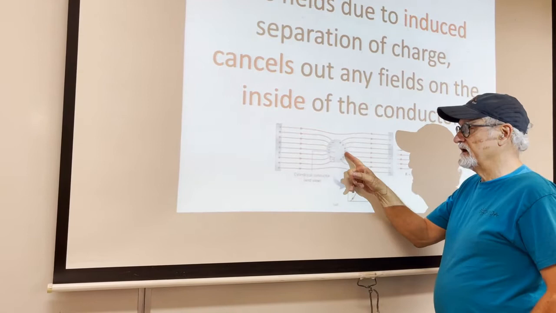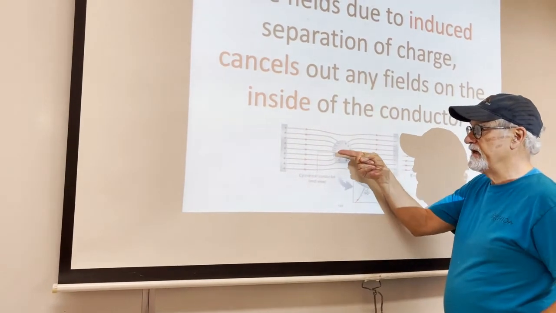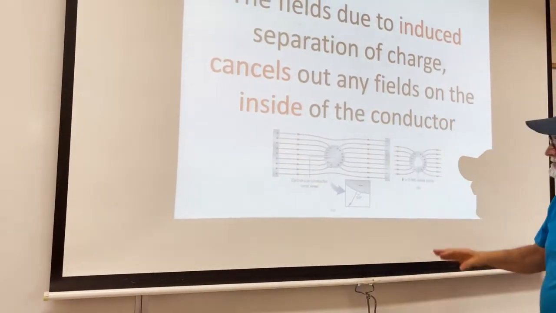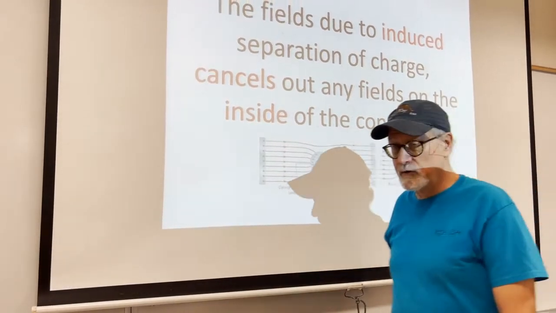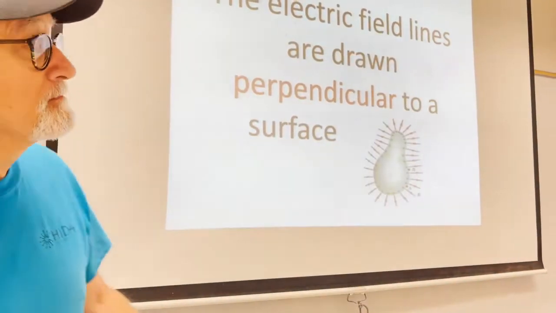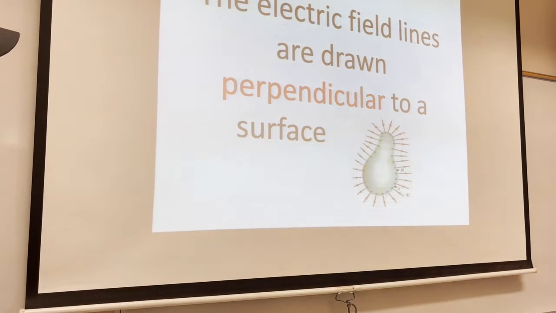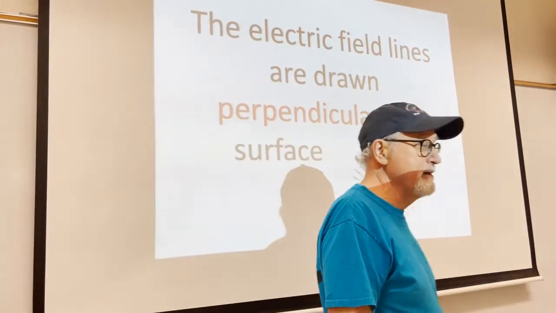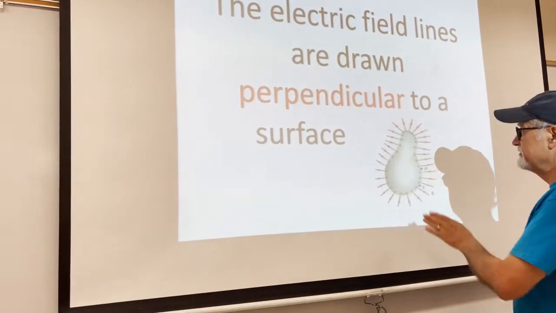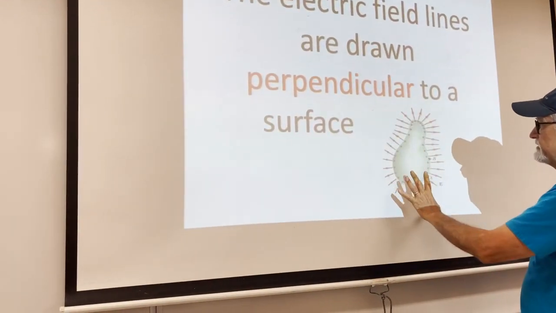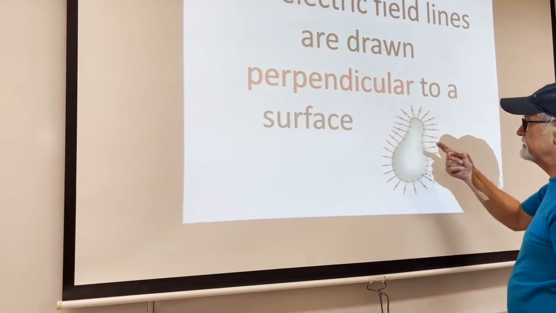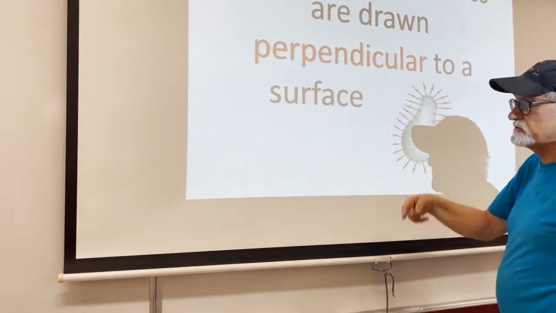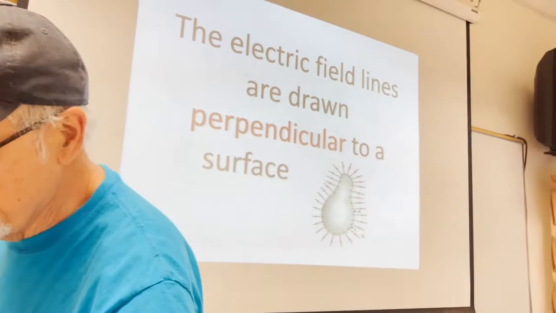On the inside, the field goes from positive to negative. That way, they cancel each other out. So inside, there's no electric field. And electric field lines are drawn perpendicular to the surface. If you have a charged pair, then the shape of the electric field around it will be like this, always perpendicular to whatever the surface is.